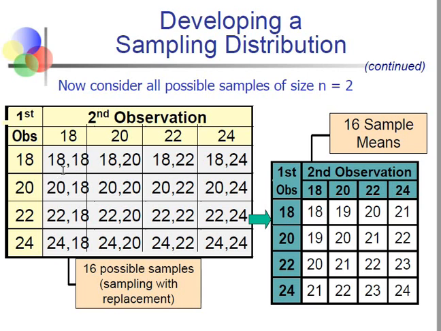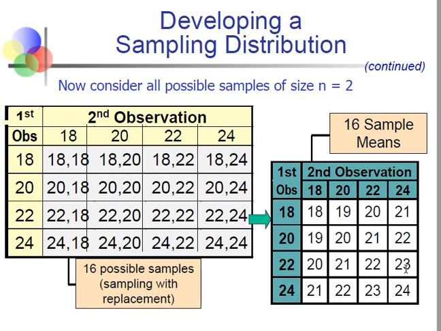The mean of 18 plus 18 divided by 2 is 18. We're dividing by 2 because we have just 2 observations there. The mean of 18 plus 20 divided by 2 is 19. So what we have here are sample means. We had 16 observations, and from those we're able to get the mean of each one.